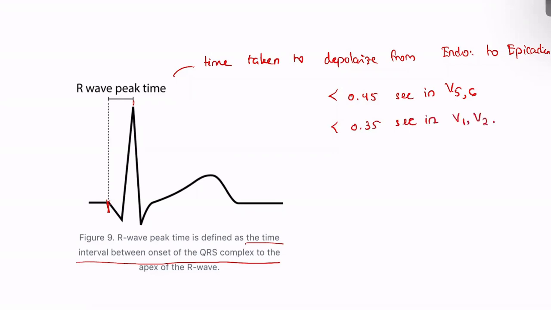Usually when the R wave peak time becomes prolonged, it is seen in bundle branch block and ventricular hypertrophy, because it is the time taken to depolarize from endocardium to epicardium. It might be a new term for you, so please keep this in mind. Okay, that is the ECG terminology.